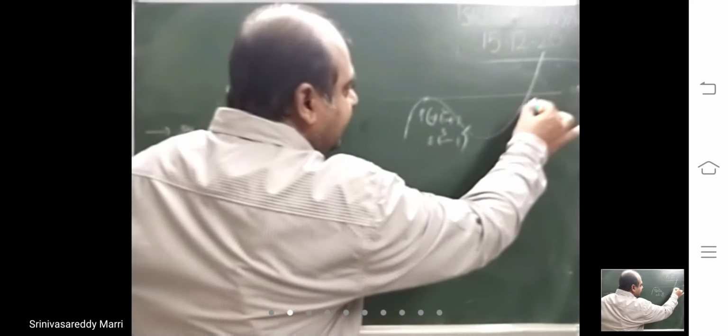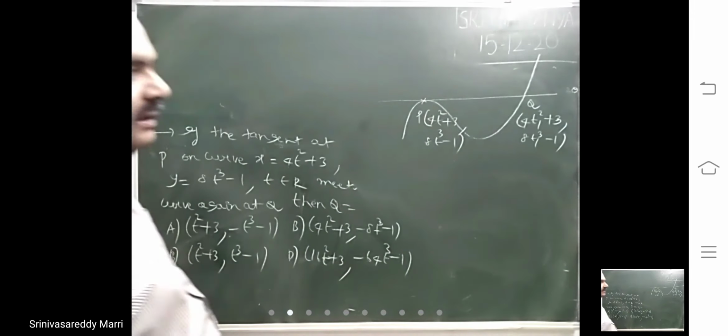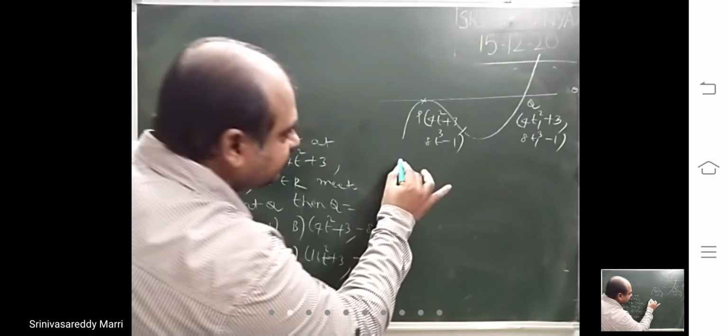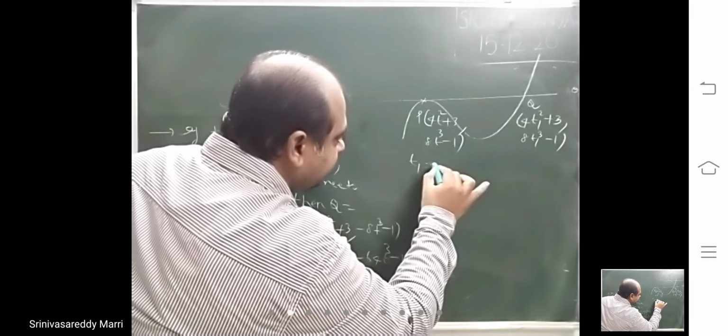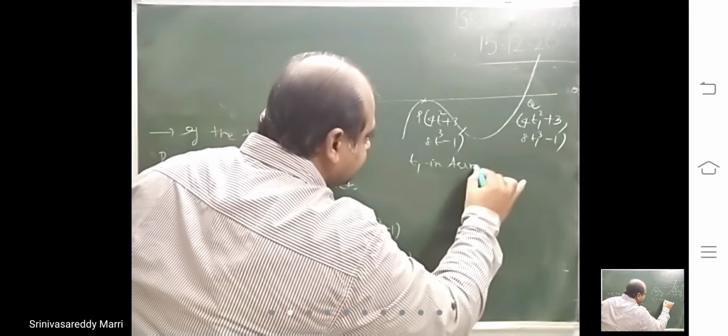Any point will be in this form. If you want to take Q point, you take here t is there, then some other t1. Similarly, 4t1 square plus 3, comma 8t1 cube minus 1. That means you have to find t1 in terms of t, then you will get Q point.